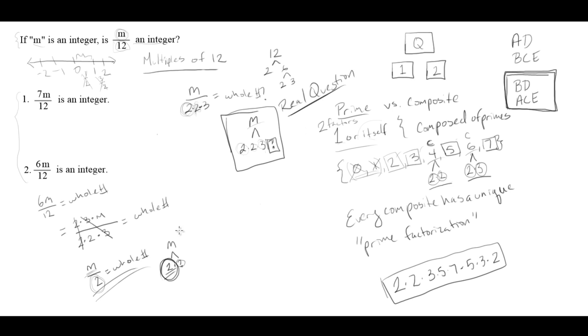Is that enough information to prove that there's at least two 2's and a 3 inside of m? Now be careful. It may be tempting to say, no, that's not enough information to prove, which is technically correct. But it's not enough information to disprove it either, because we still have this question mark. See, if m were to be equal to 2, then no, there aren't a 2 and a 3 in there.